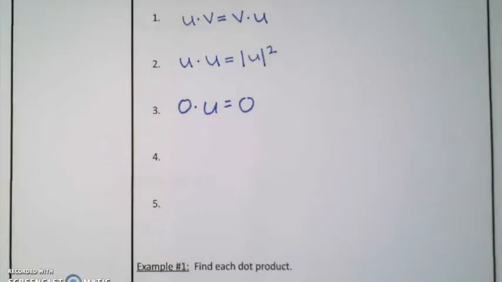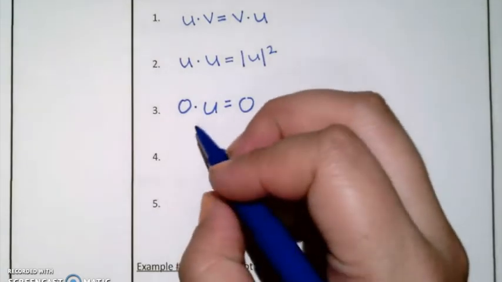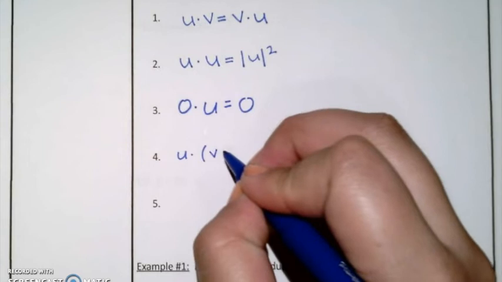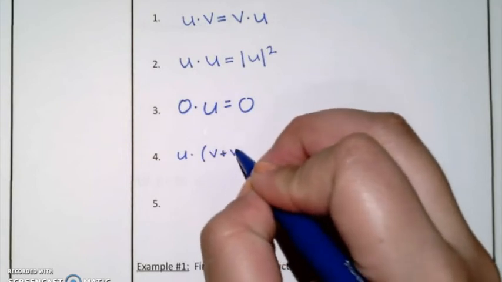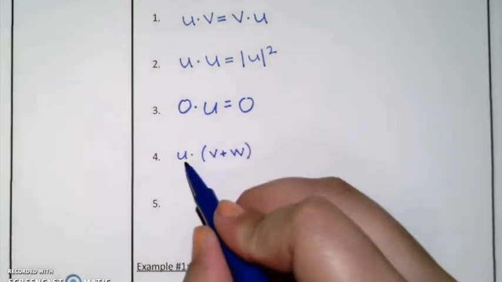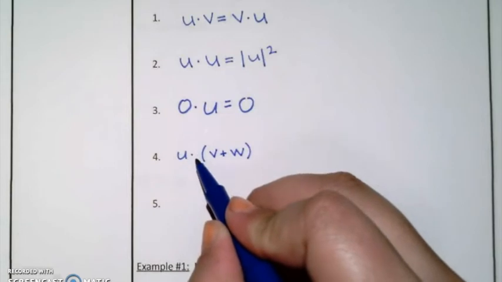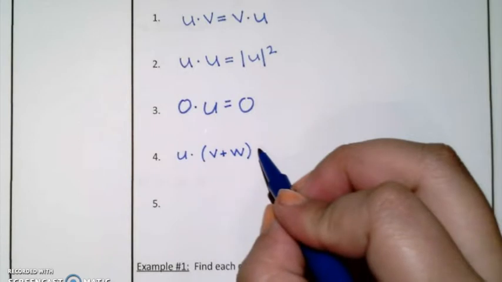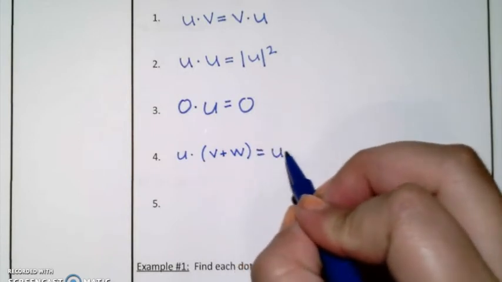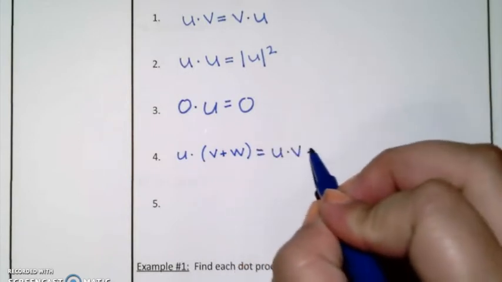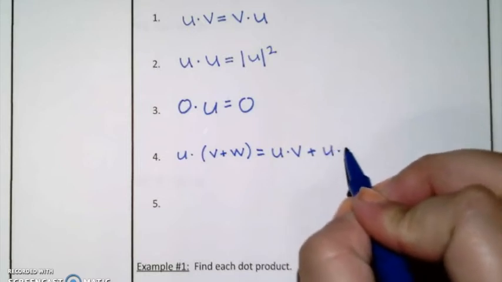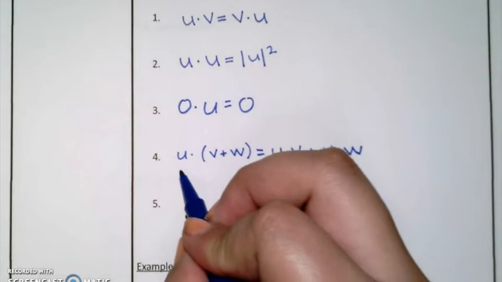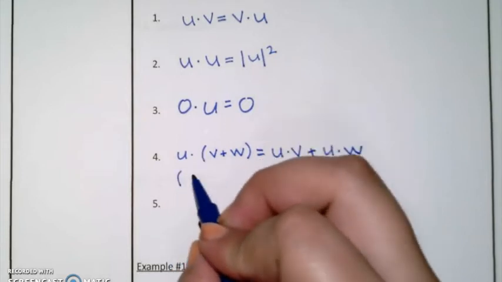All right, property 4 actually has two parts. If we have u dot v plus w, so we have a vector and the dot product with the sum of two other vectors, that's the same as if we take u dot v plus u dot w, and that works both ways if we have the sum of the vectors first.